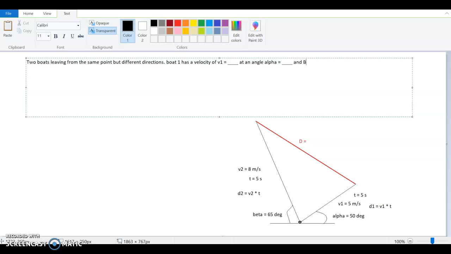And boat 2 has a velocity of v2, user defined, at an angle of beta, that's user defined as well. Let's say that's 65 degrees from the negative x-axis, but actually the angle would be 180 minus 65, right? So that's 180 minus beta. So that's your direction.